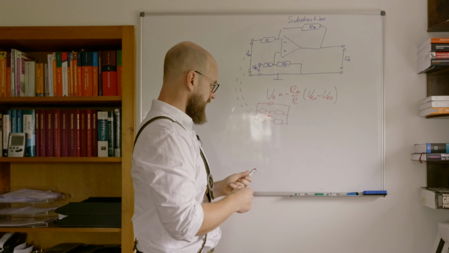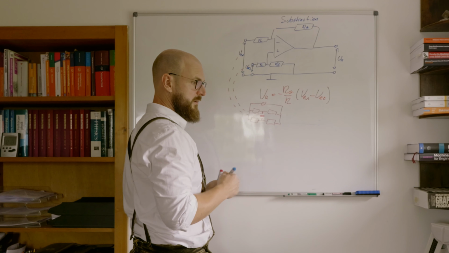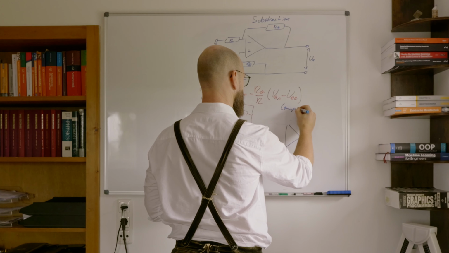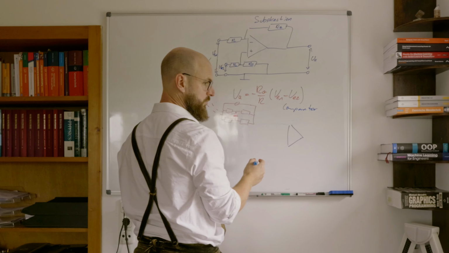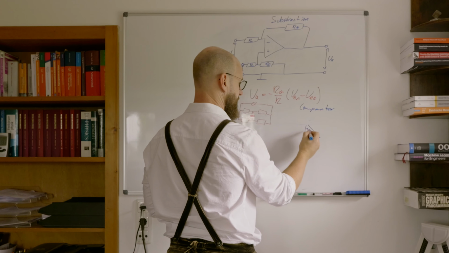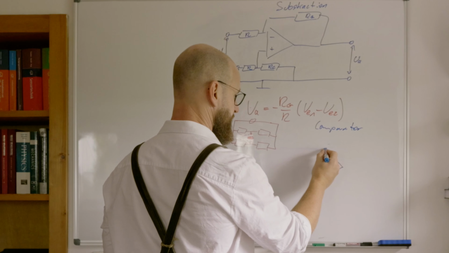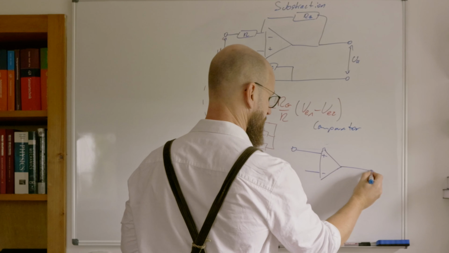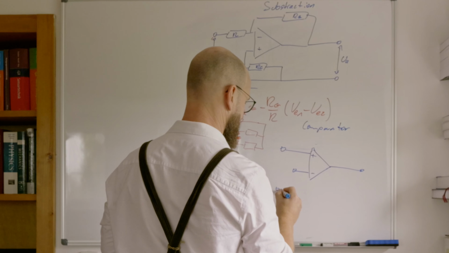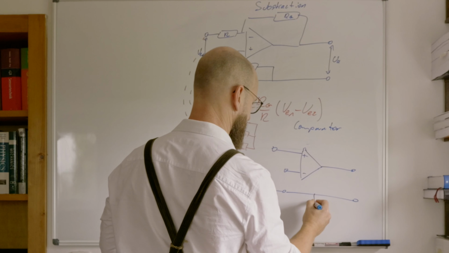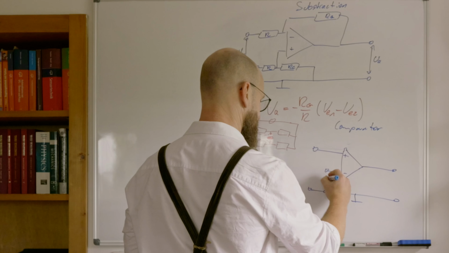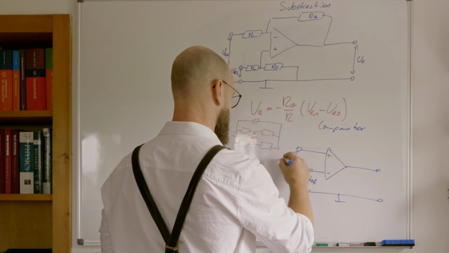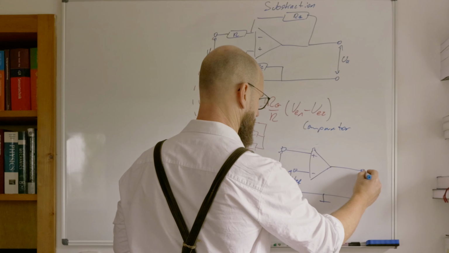So now let's talk about the last thing, which can be very interesting, which is the comparator, which is the simplest one actually. It's just the whole thing relative to the ground, whereas we have a reference voltage over here, an input voltage over here, and an output voltage over here.